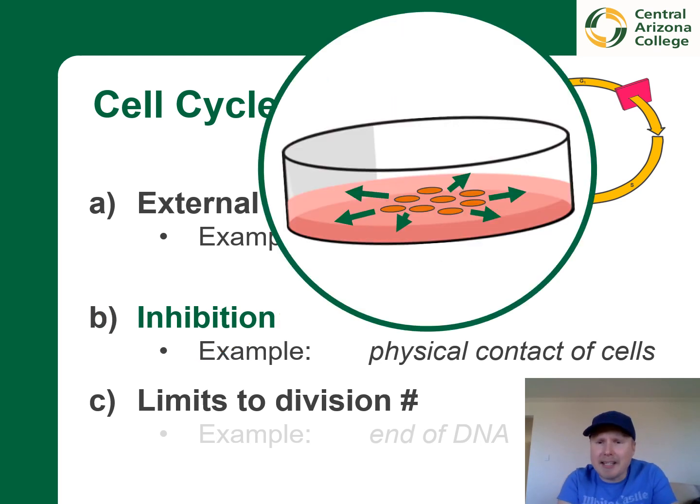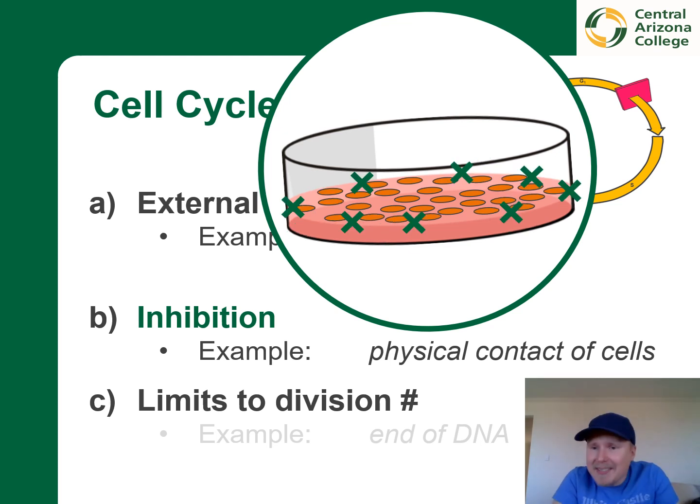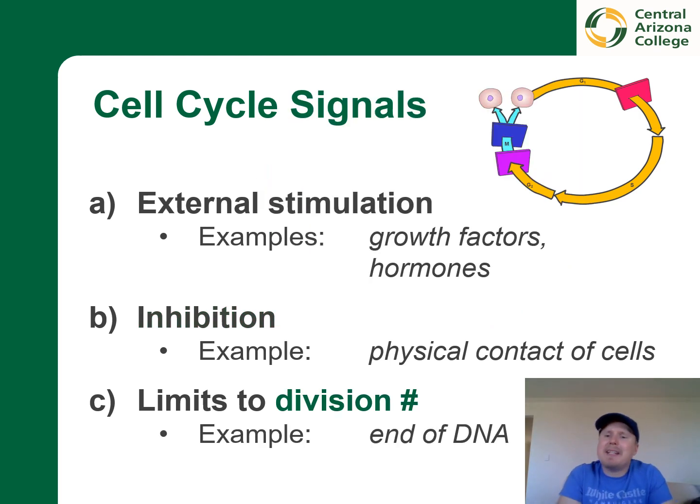Say, in this example, in a petri dish, they will keep growing happily until they reach a boundary, like the sides of the petri dish. This physical barrier will then work as a stop signal to the cell division, so to inhibit the cell cycle progress. And the final example that I have picked here relates to the fact that we already know.